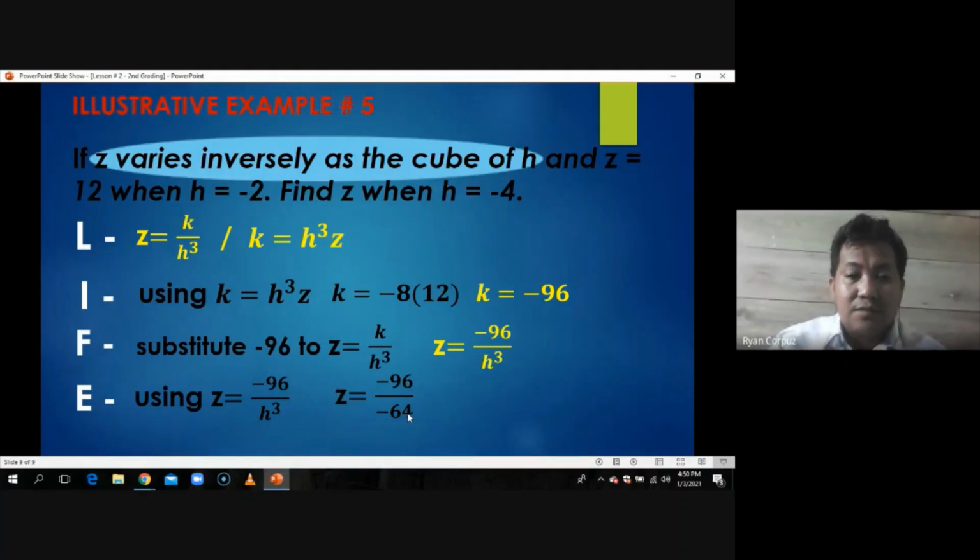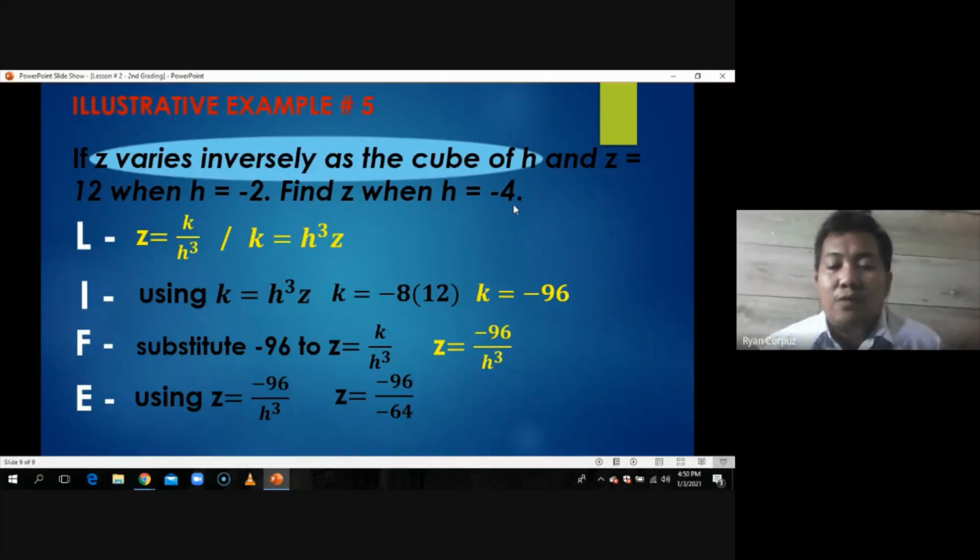Paano naging negative 64 yun? Negative 4 yung H. Negative 4 times negative 4, that would be 16. 16 times negative 4, that would be negative 64. So since both of them are negative and we are dividing, we should come up with a positive answer. Since hindi naman siya exactly divisible, we are going to reduce it also into its simplest form.